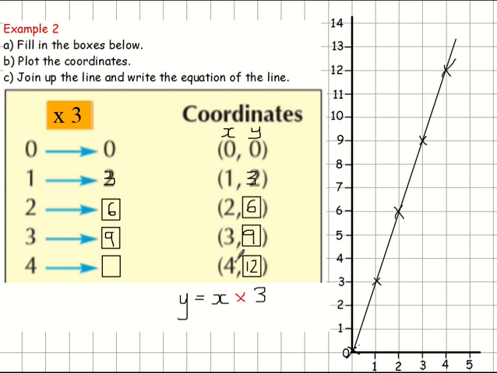Let's just check it for the last one. Look, what's my y? It's 12. What's my x? It's 4. If I do 4 multiplied by 3, I get 12. So yeah, it works. But what is the rule for algebraic simplification for this?